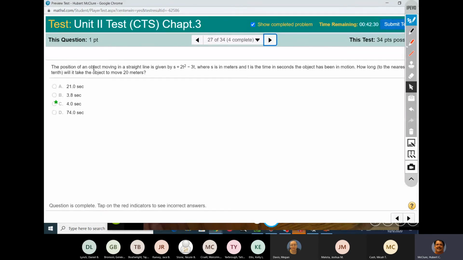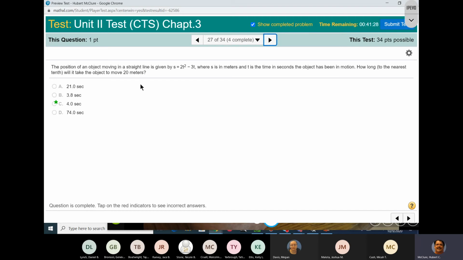The position of an object moving in a straight line is given by S is equal to 2t squared minus 3t, where S is in meters and t, of course, is time.